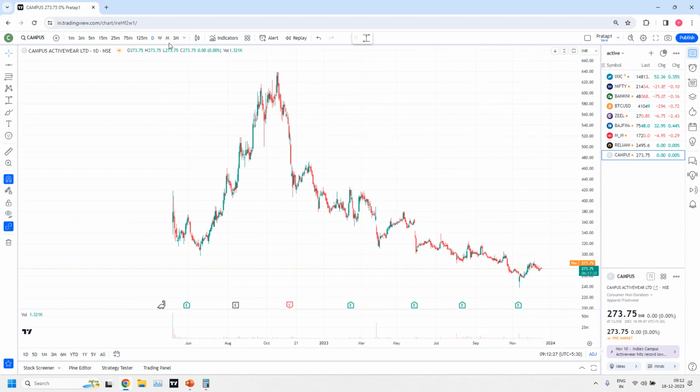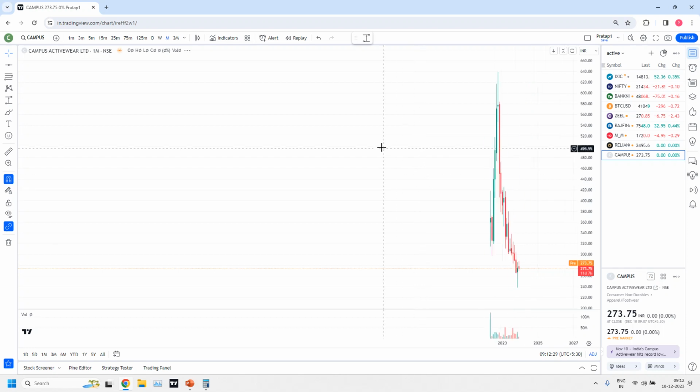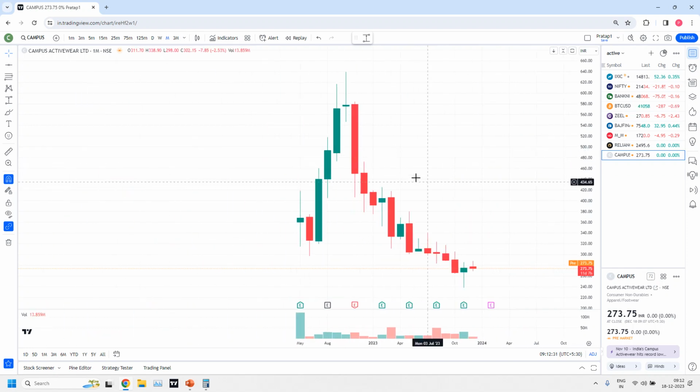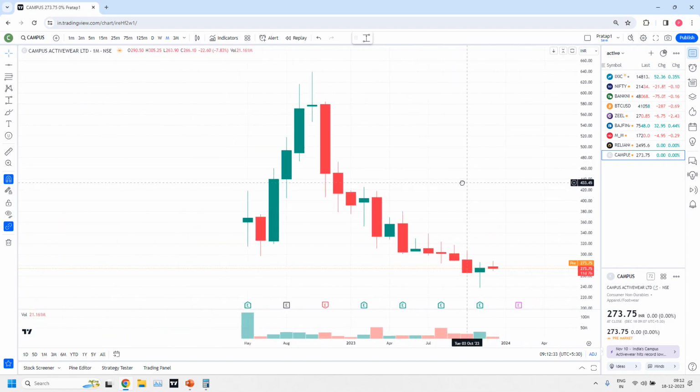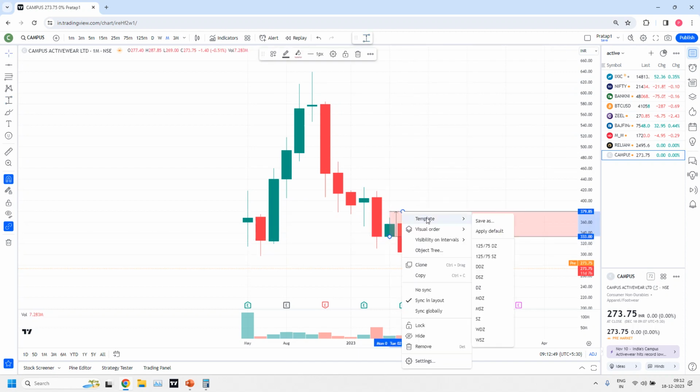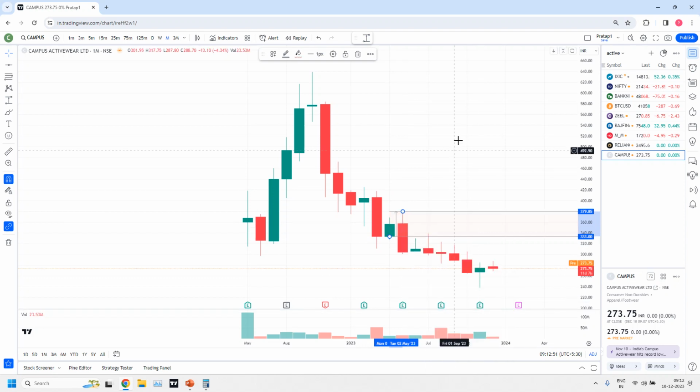So let me go to the monthly time frame and look into this stock. Currently this stock is at all-time low. First let me draw the existing supply zone. We have a drop, we have a base, and again we have another drop candle. So let me draw the monthly supply zone. Let me change the color to monthly supply zone.